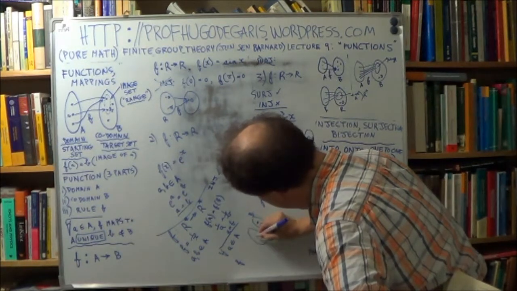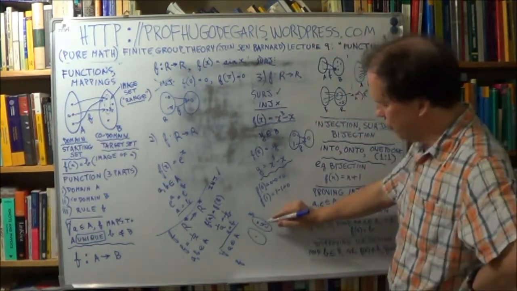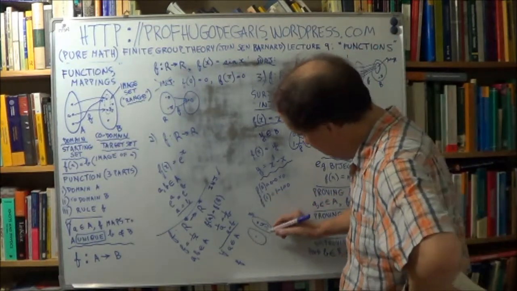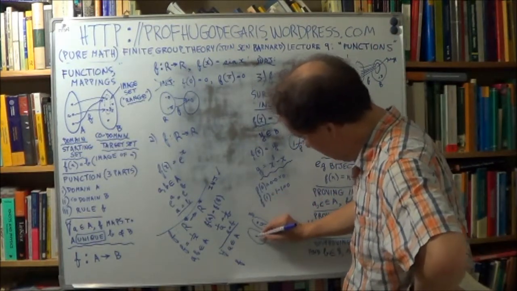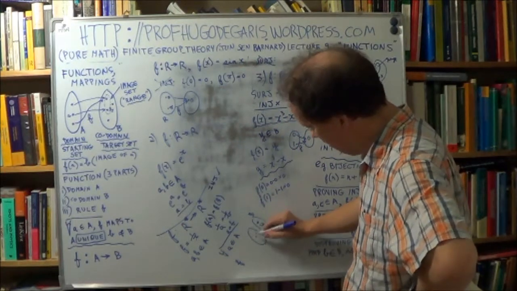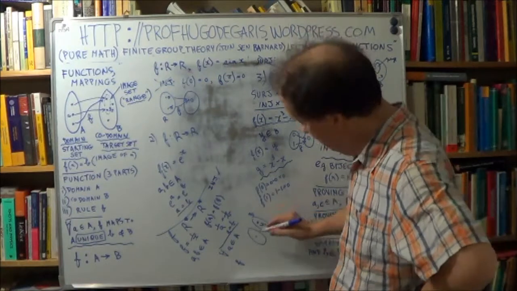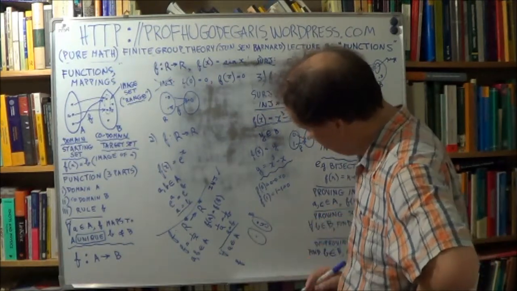And this is a random member of your codomain B. So we're trying to find some element that gets mapped to y, for any y, given this function.